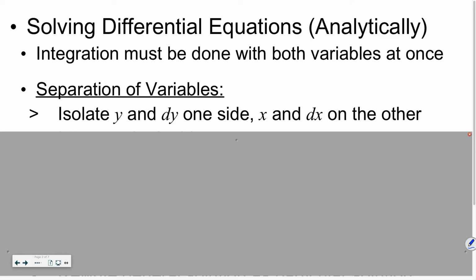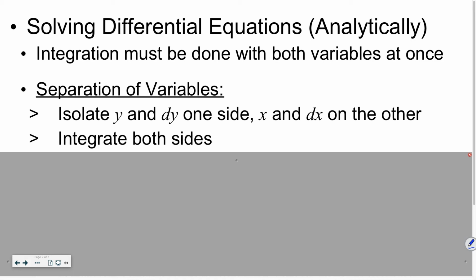Whatever the function is in terms of y, get it with the dy. Whatever the function is in terms of x, get it over with the dx. Then what's going to happen is we're going to integrate both sides. So you're going to have an integral with dy, and you're going to have an integral with dx. And as long as we do the same thing to the right side as the left side, we're safe in terms of following the rules of an equation. We're balancing it out.